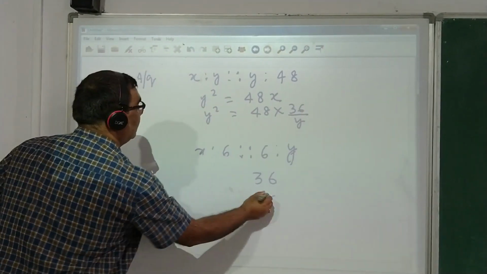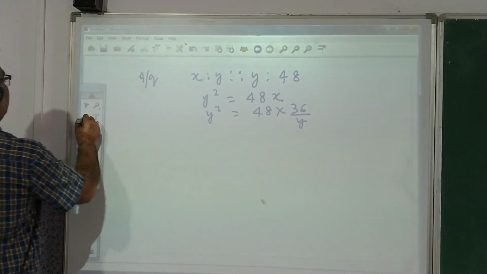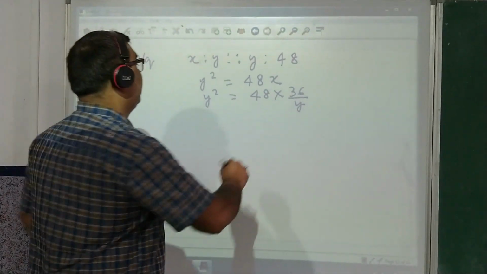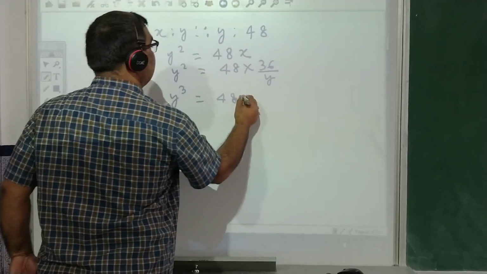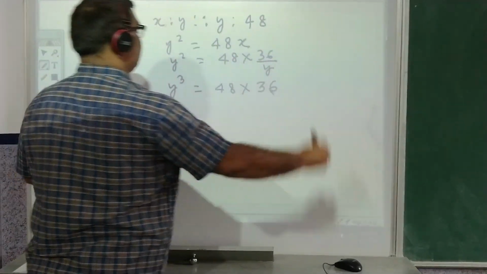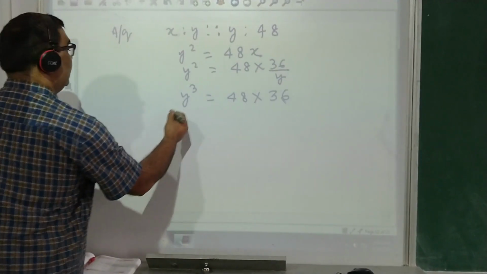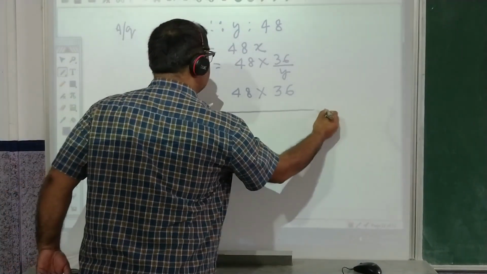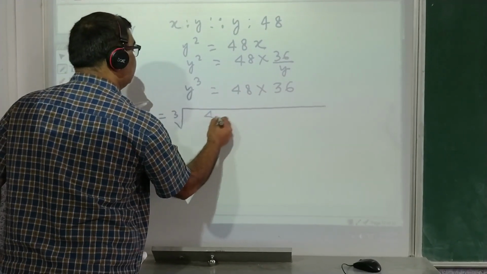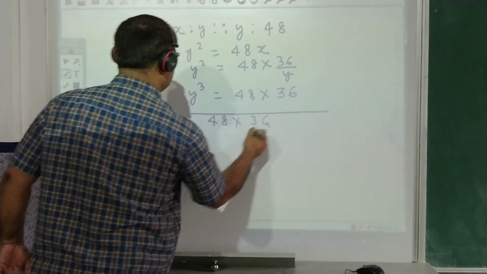So now y cube, can I say 48 into 36? So now y is equal to the cube root of 48 into 36.